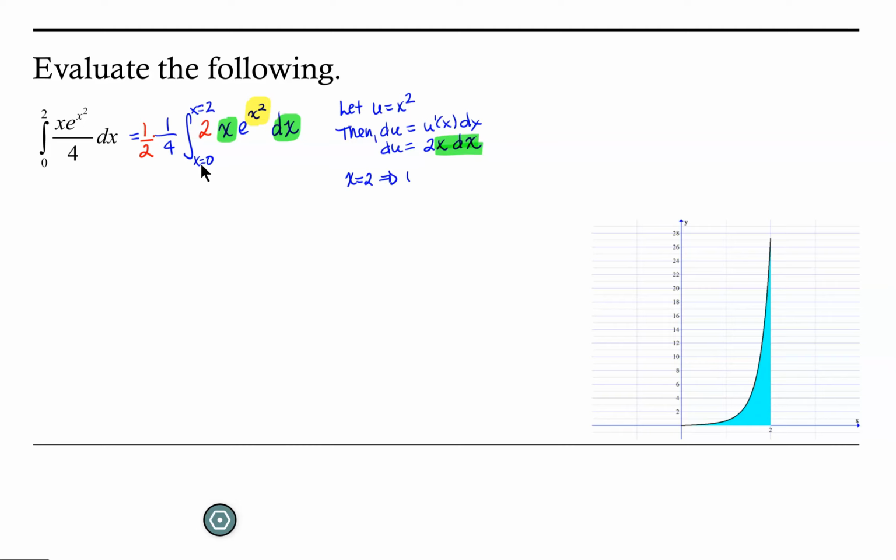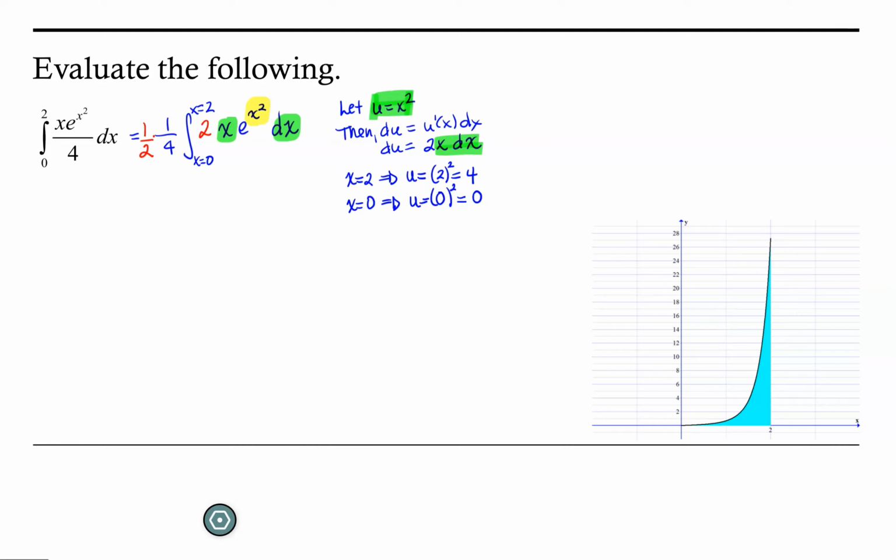We need to transform that to a new value for u, and u is simply x squared, so u will be 2 squared, which is 4. My lower limit of integration is x equals 0. Transforming that as well, my new limit of integration u will be 0 squared, which is 0. Notice that we're depending on this defined relationship between x and u.